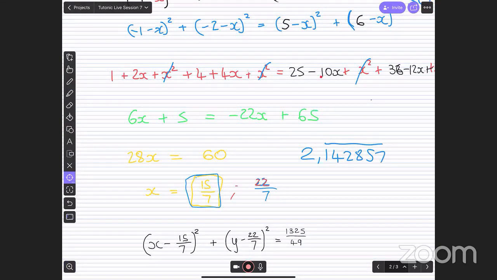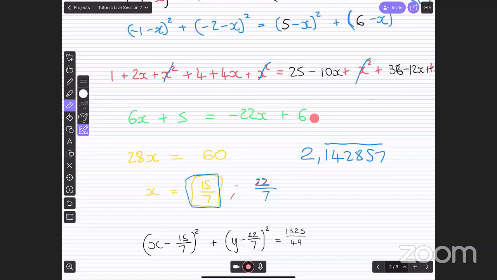But then on this side, it's minus 10x minus 12x, which is minus 22x. Yes, still minus 22x. And then 25 plus 36 is 61.